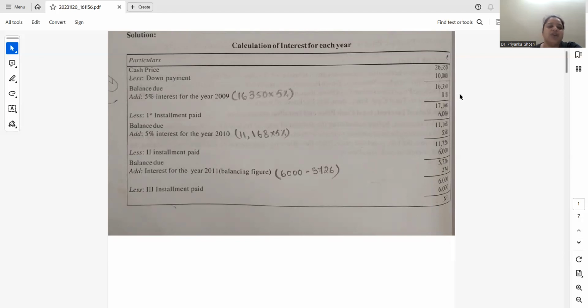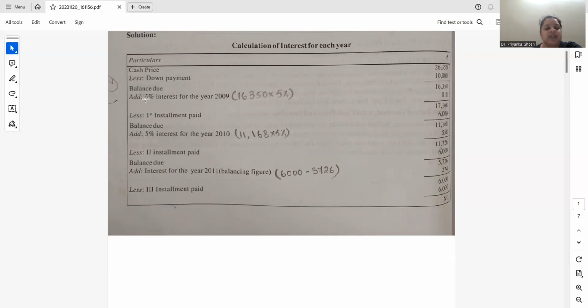Now, to calculate the interest for the first year, we add the interest to the balance due. The interest given is 5%, and this 5% we always calculate on the balance due. After the down payment, the balance due was 16,350.